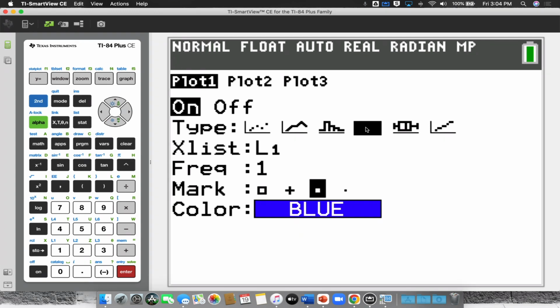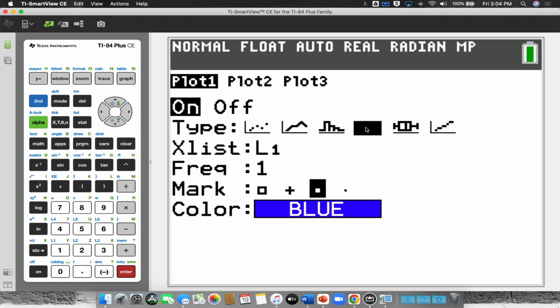Let's see, second y equals, and then enter. That's right. Okay, always use modified. What's that mark? Oh, the mark right here is just showing you how you want to see an outlier. If you have an outlier, do you want it to be a little square, a plus, a dot, or a smaller dot?